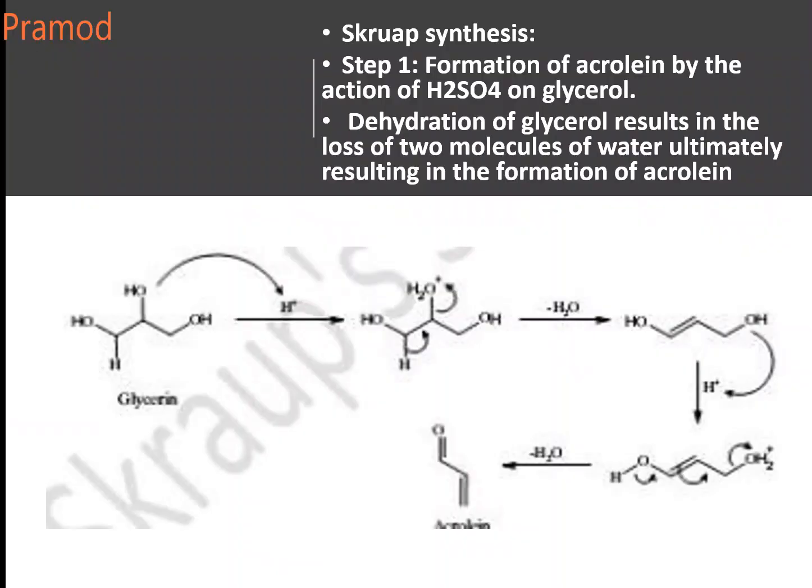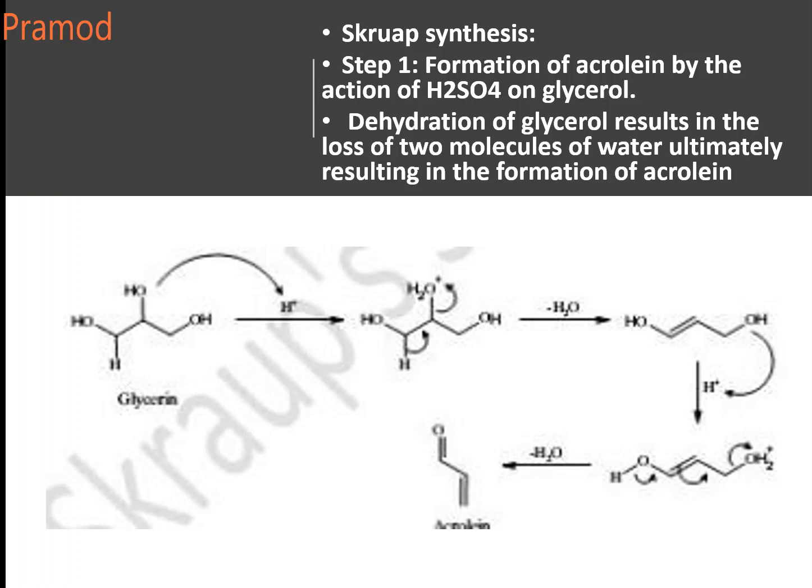The first step is the formation of acrolein. The acid attacks the OH, that is the secondary OH, to form a double bond and a diol. Then the terminal free OH gets removed, and you get your acrolein with the loss of 2 water molecules.